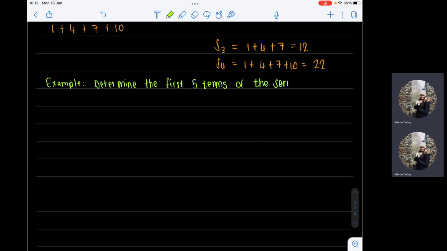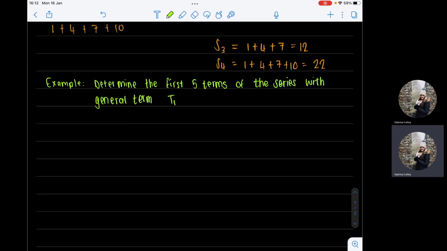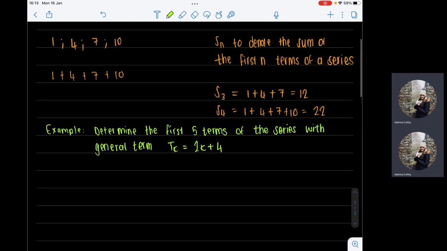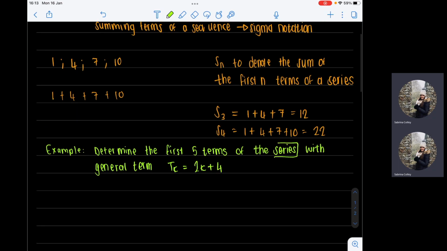So there's an introduction to a new word. I'll explain it now. With general term 2k plus 4. Okay, so let's quickly speak about that word series.